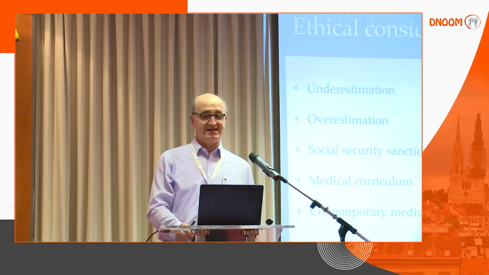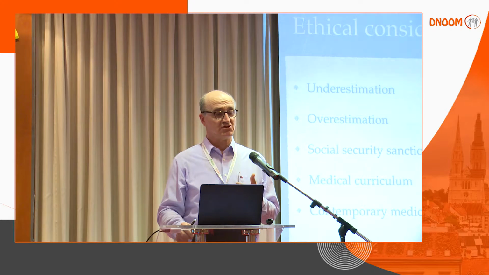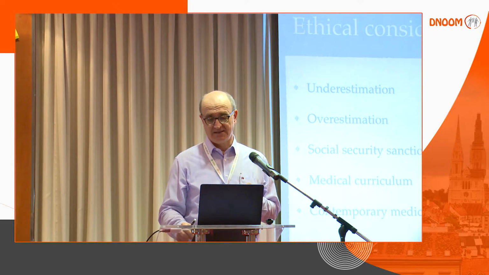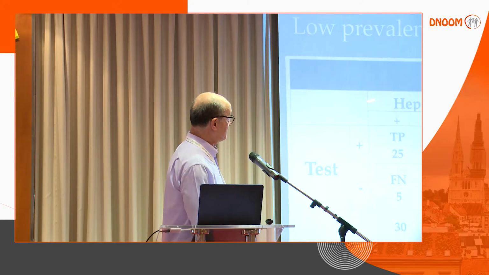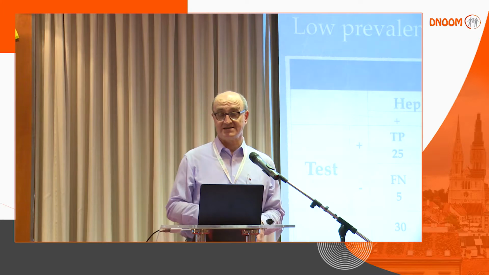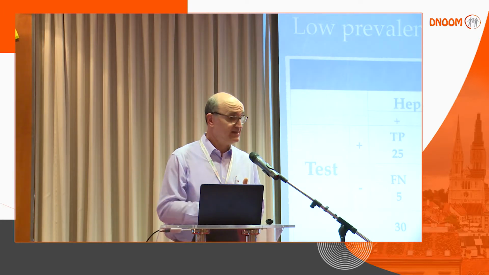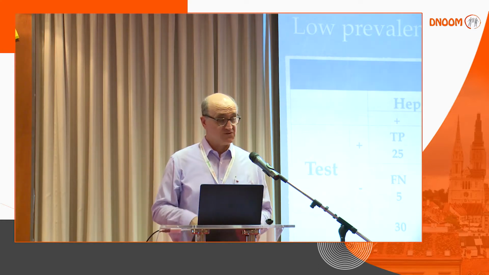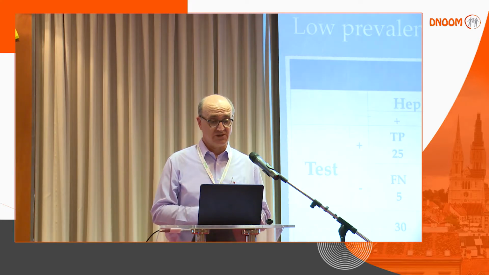I want to give an example about the precision of diagnosis in primary care with a quantitative method. If we have a pathologic criterion, a gold standard to diagnose hepatitis C, and we have another serologic test, we have true positives, false negatives, and true negatives.